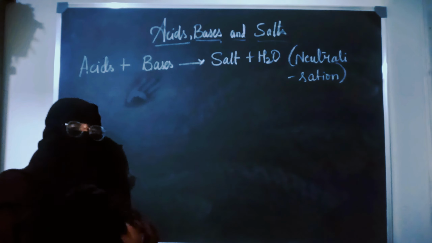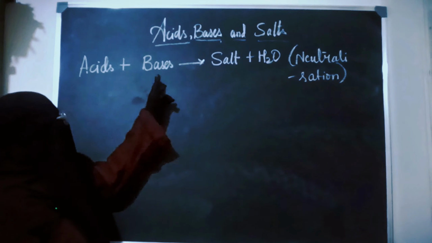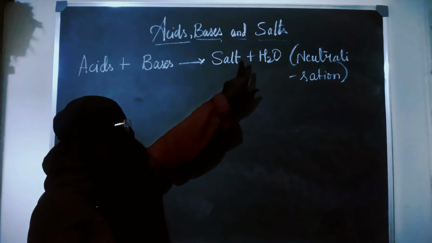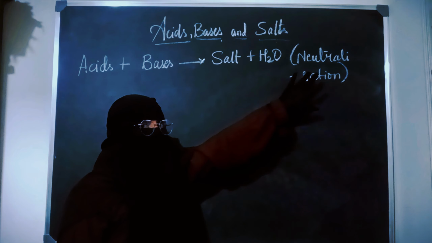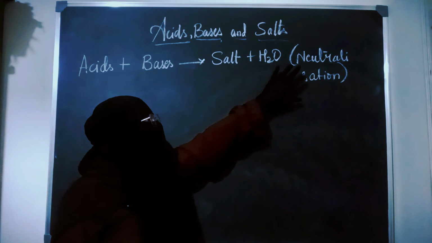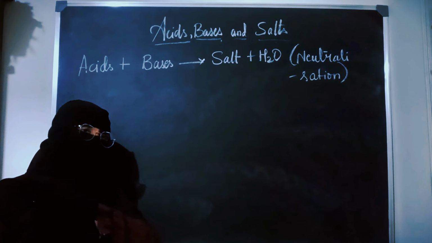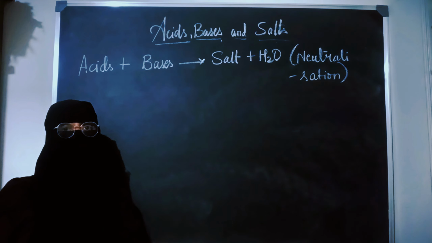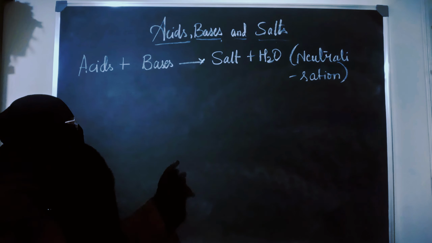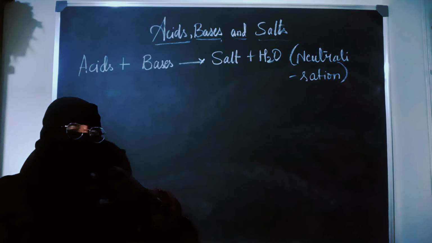It is called this because the acid cancels the effect of the base, and the base cancels the effect of the acid, and as a result a neutral substance called salt is formed, which is neutral in nature depending on the strength of the acids and the bases. Basically acids cancel the effects of bases and bases cancel the effects of acids, so the medium becomes neutral. That is why it is called a neutralization reaction.